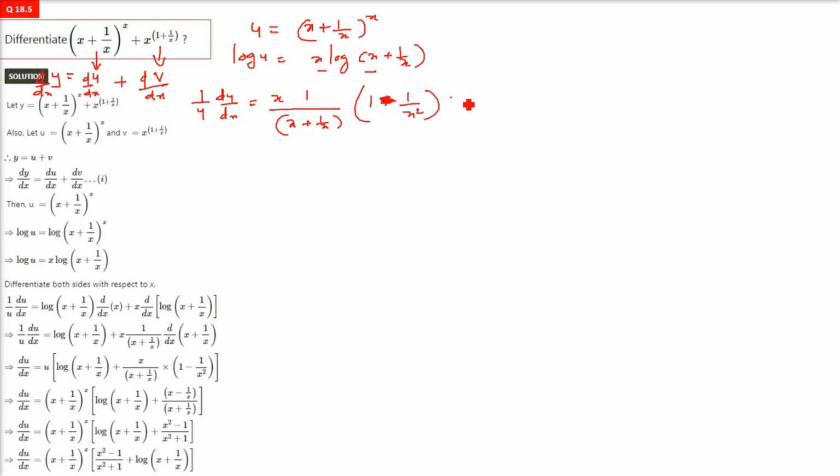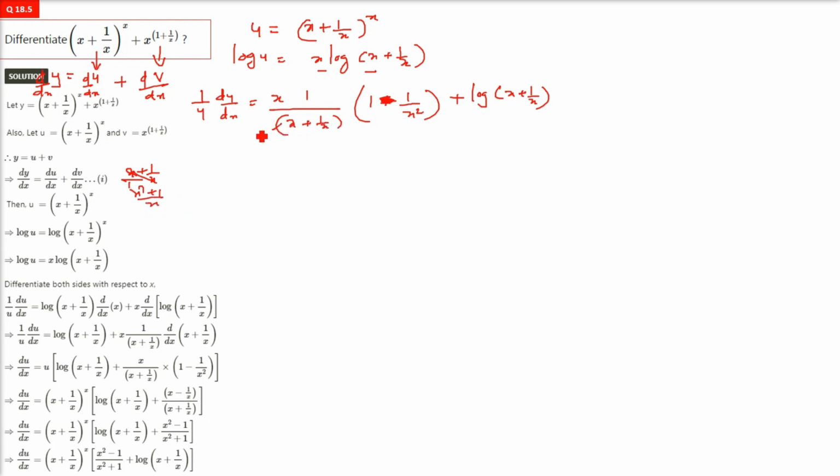So 1 minus 1 by x square plus log x plus 1 by x will be here and d by dx of x will be 1. Finally, this is the result. And we can now simplify them. So we take the denominator first, which is x plus 1 by x. So I am taking denominator. x plus 1 by x is x square plus 1 by x.